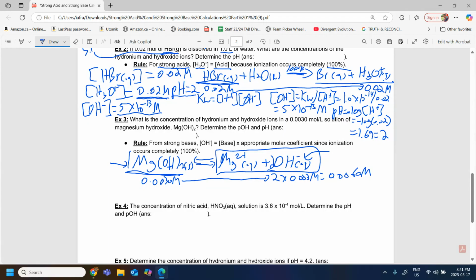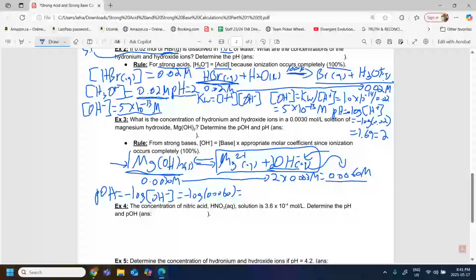So we found that, and the reason we're finding the concentration of OH minus is because we want to find the pOH and the pH. So now that I know the OH minus, I can just do pOH is negative log of concentration of OH minus, which is negative log of 0.0060. So let's do that.